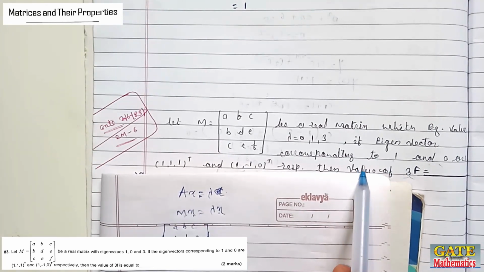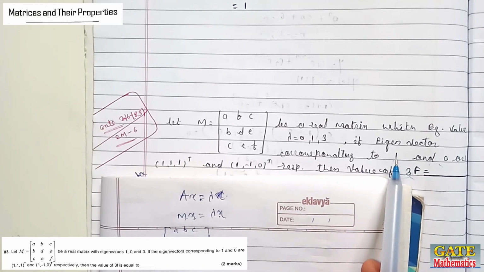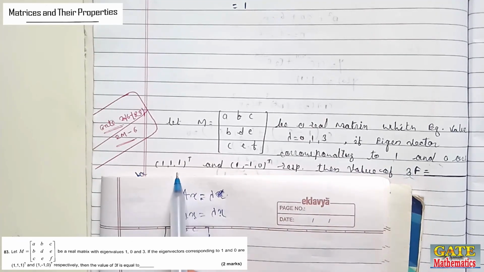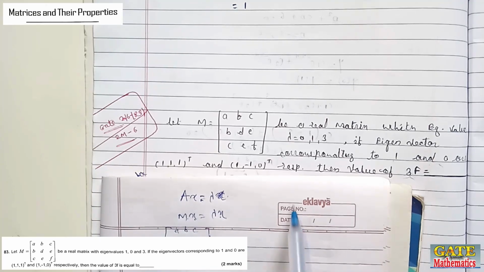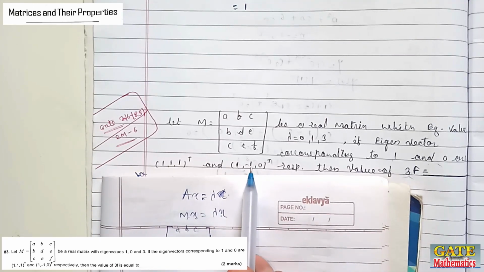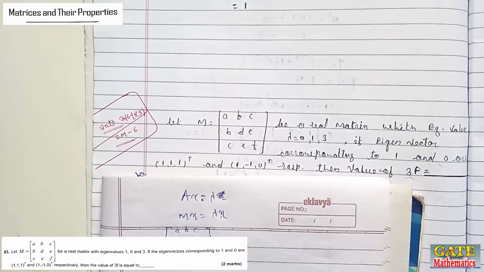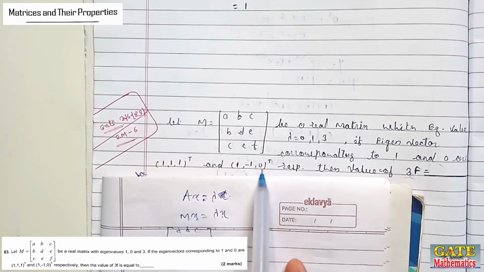Now with respect to eigenvalue 1 we have the eigenvector 1 1 1, and with respect to eigenvalue 0 we have the eigenvector 1 minus 1 0.